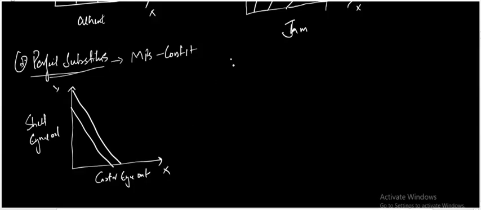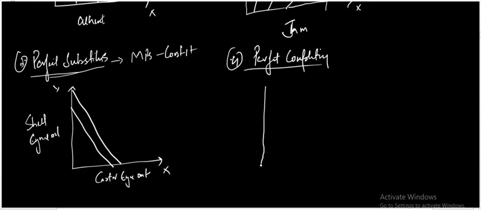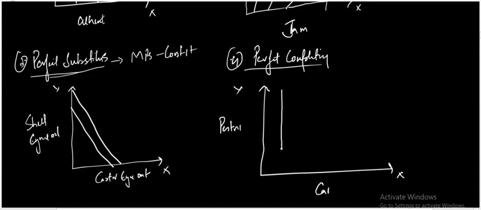Now, let me talk about the last one, that is the perfect complements. In this case, let me take a car on this side, and let me take petrol on this side. Now, if I increase the consumption of the petrol without increasing the consumption of the car, it will be useless.